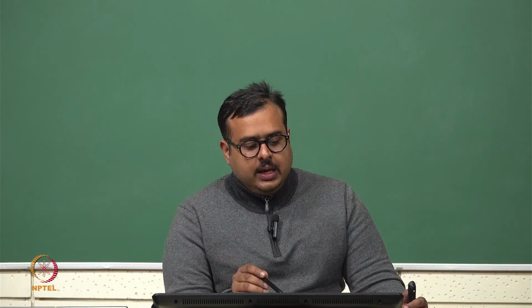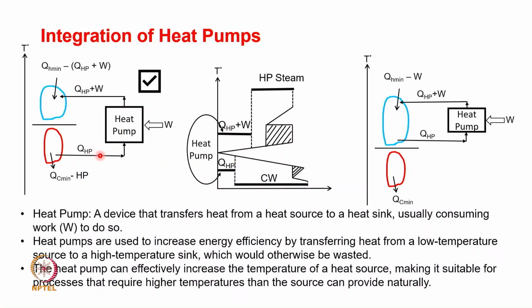You can also put in a heat pump wherein we extract QHP from below the pinch, and of course you need to supply work to make the heat pump work. As a result, what would happen? You can send in QHP plus W as additional heat above the pinch, which would again reduce the hot utility requirement here.